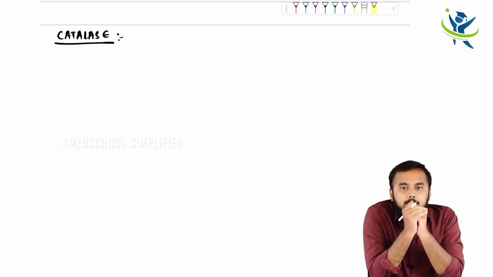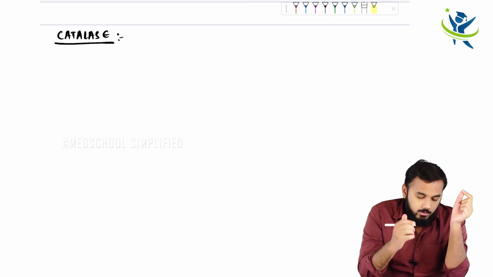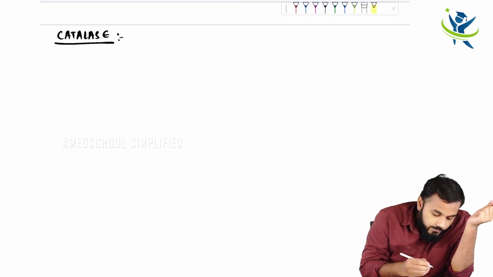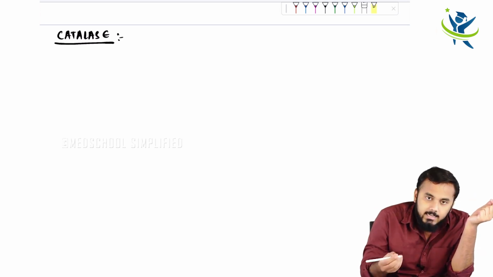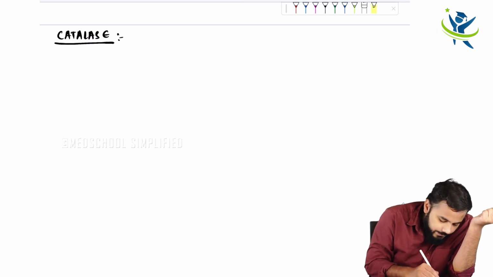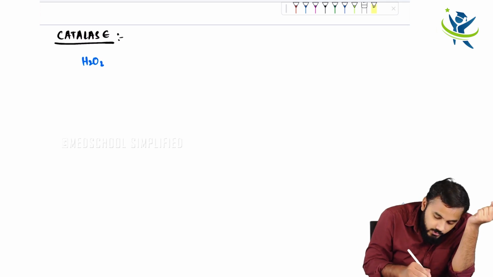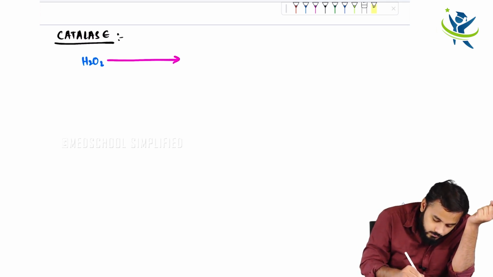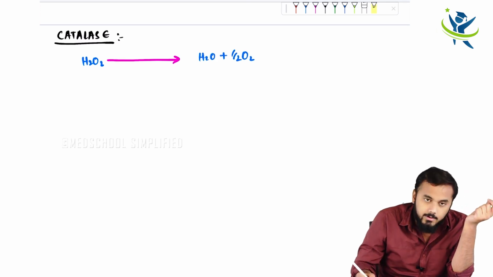So what is the concept behind that? The basic thing you need to know is that a bacteria which releases catalase will convert H2O2, hydrogen peroxide, into water plus half mole of oxygen.